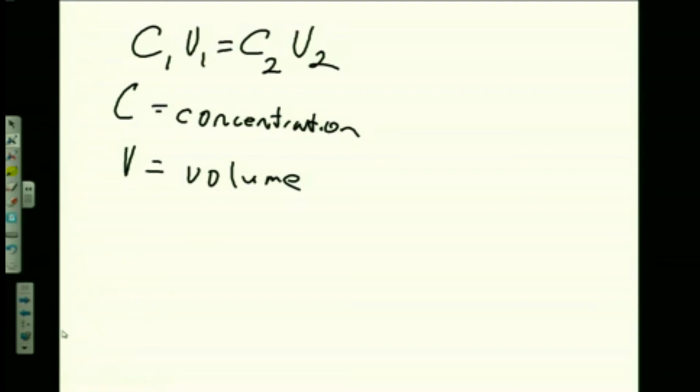If the volume goes up, the concentration goes down. That's dilution. When you take that little tiny bit of laundry soap and add it to the wash machine and you add a whole 5 gallons of water to it, the concentration goes way down, doesn't it? Fair enough? Gotta be able to do this.